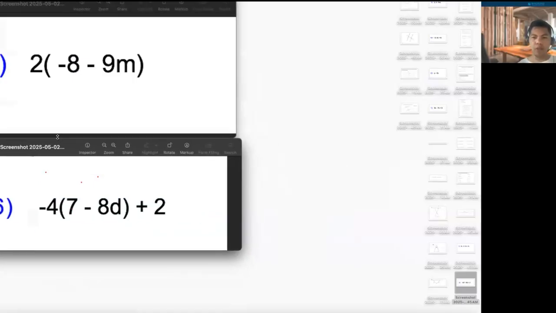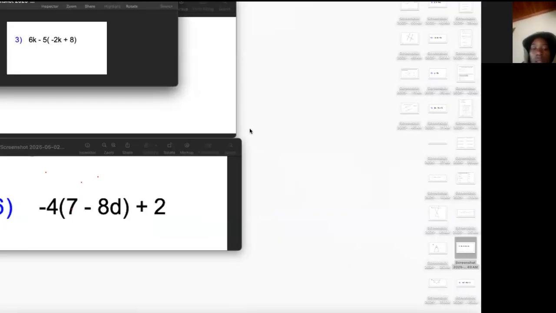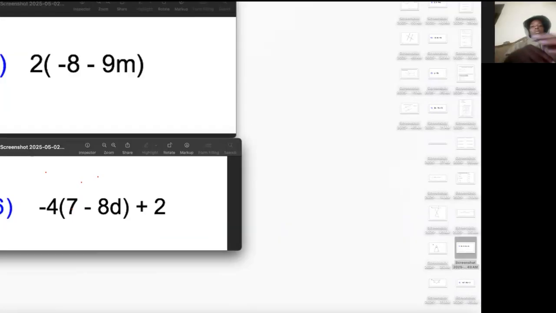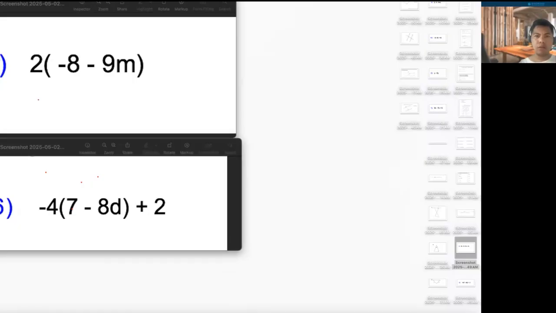Diana, you don't have to write the solution, just the answer. Madison, check your answer for 8. Diana, for number 6, check your answer also.